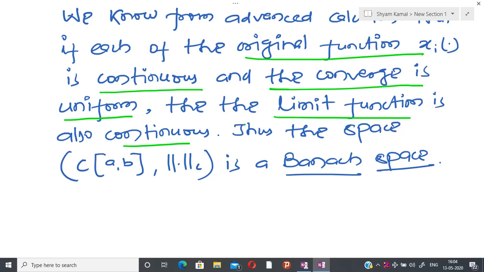Based on this definition we are also able to develop the notion of a ball. For that reason, this part of the course is very important. So thank you very much.